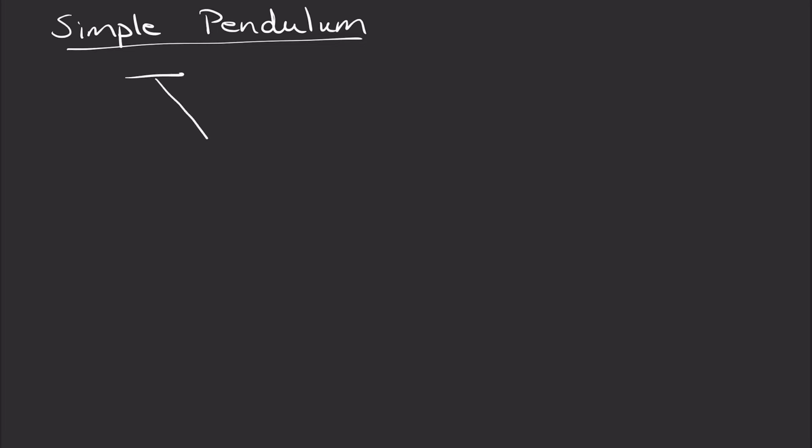So now we're going to talk about a simple pendulum. So a pendulum is just a mass on a rod that you can assume the rod is massless, and it's just going to swing back and forth.